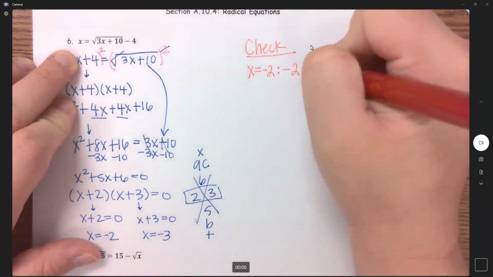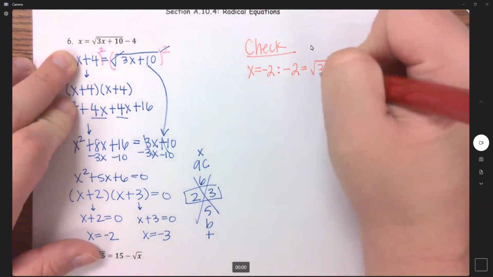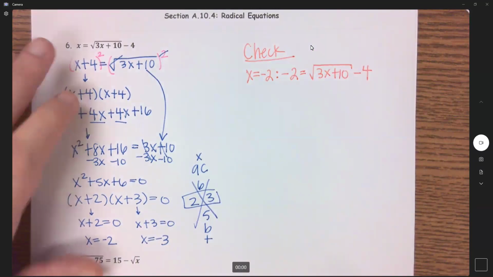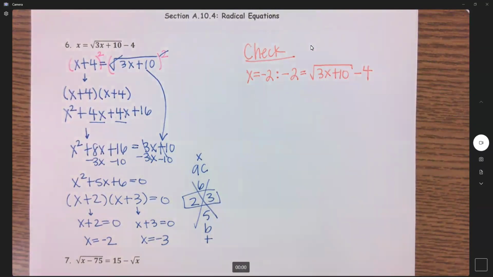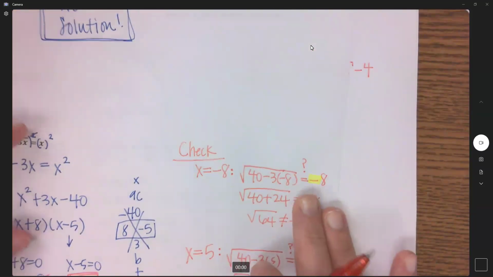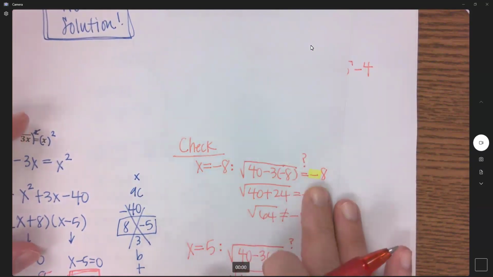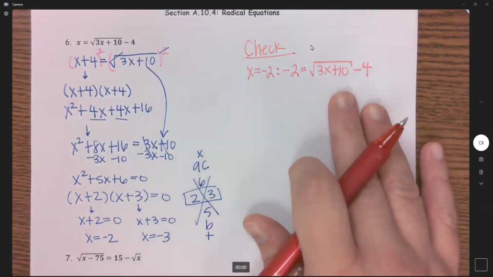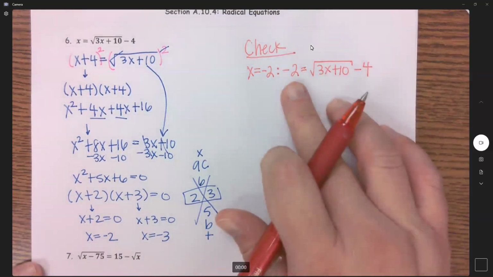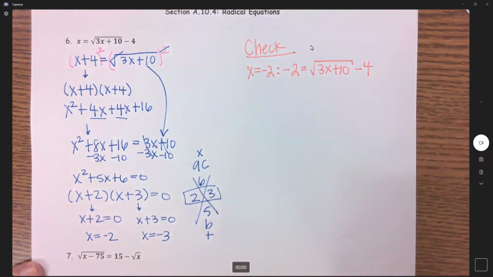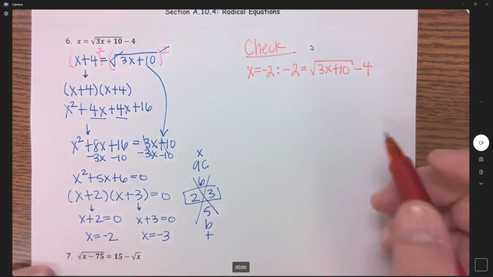So we have -2 equals the square root of 3x plus 10 minus 4. Now, I cannot say that this one is automatically a no solution like I could before. With this one here equaling that -8, it was only a square root equals a -8. But this one's not only a square root. This one is a negative equals a square root minus 4. This minus 4 makes a difference. So this one we need to work out.